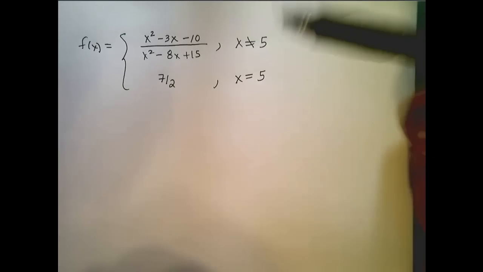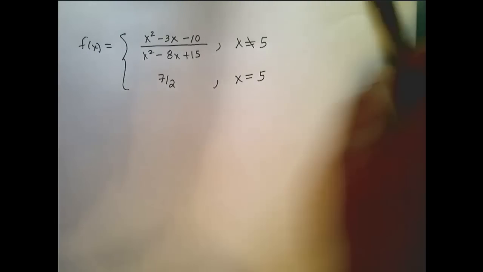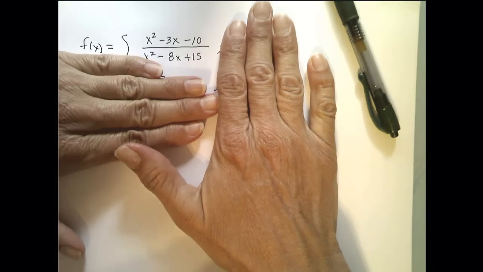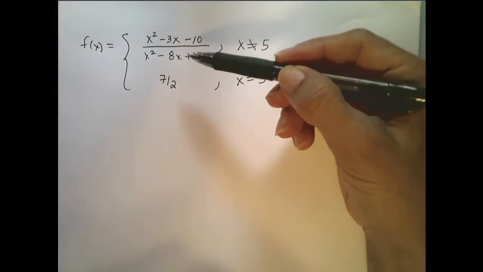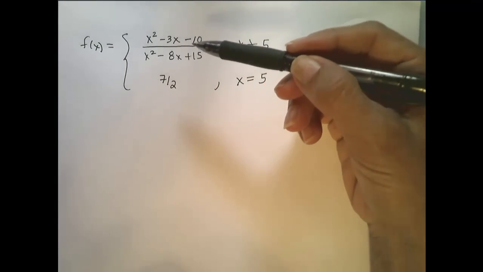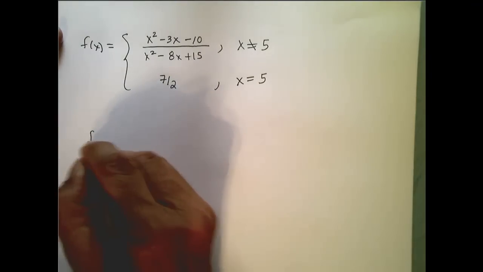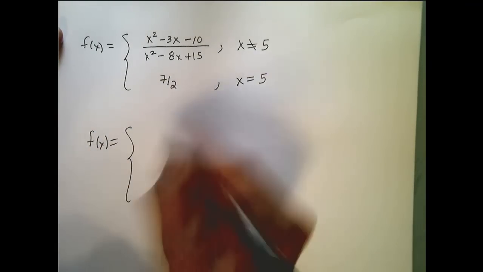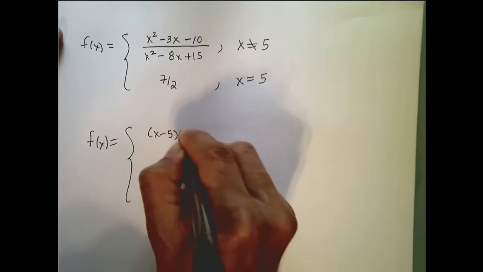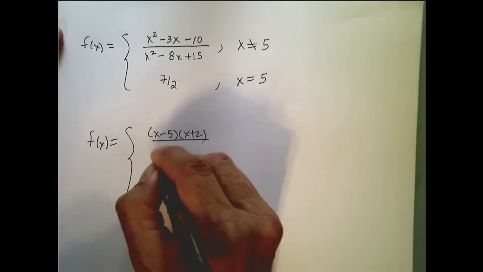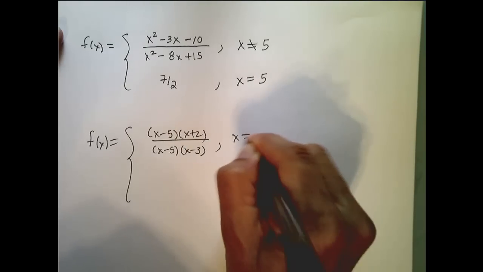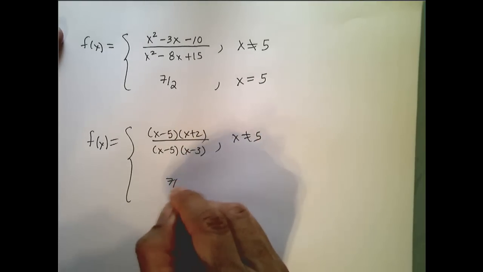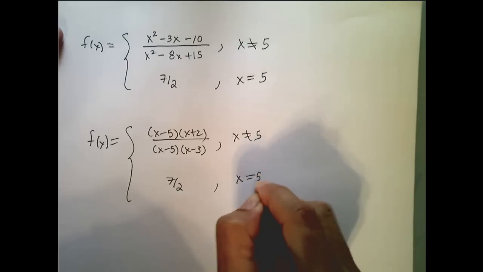Now before, we were just looking at this function, and we recognized that this was a rational function, which meant it was continuous everywhere on its domain. Upon factoring, let's rewrite it in factored form: (x minus 5)(x plus 2) over (x minus 5)(x minus 3) when x is not 5, and 7/2 when x is 5.